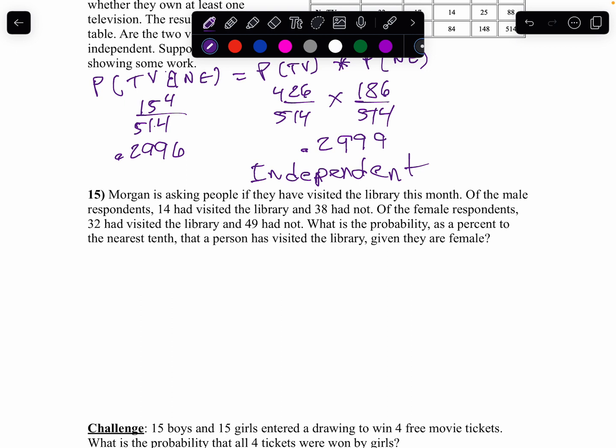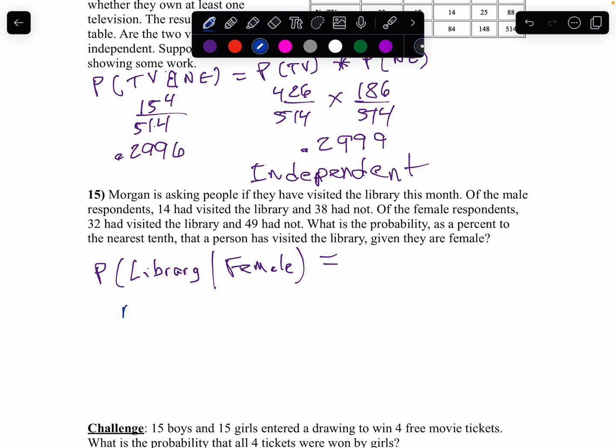Well, the probability that we visit the library given they're female. I think I'm going to put this in a two-way table so I can see it, but you really don't need to put it in a two-way table. But to make it relatable and easier to explain, I think I'll do that.